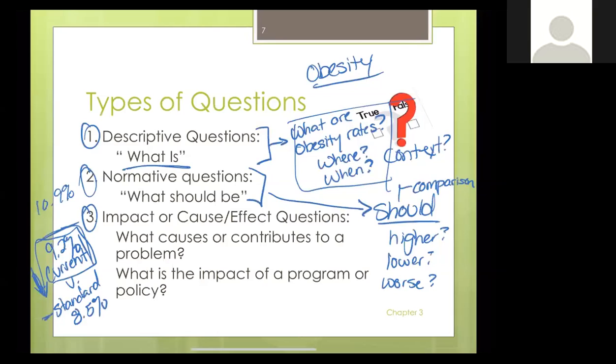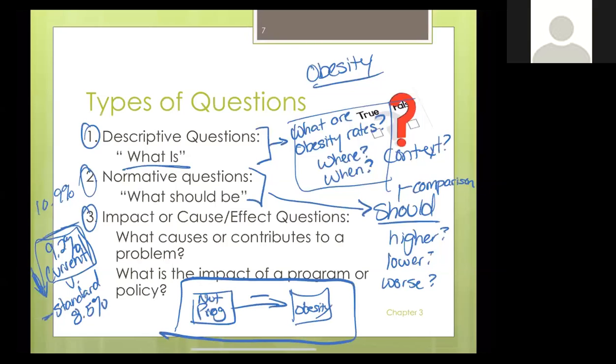And then there are these cause and effect questions. This is where we're getting into the why. We have a nutrition program that runs an exercise and healthy eating initiative. It's meant to reduce obesity. What we want to research is whether obesity is going up or down as a result of this program.